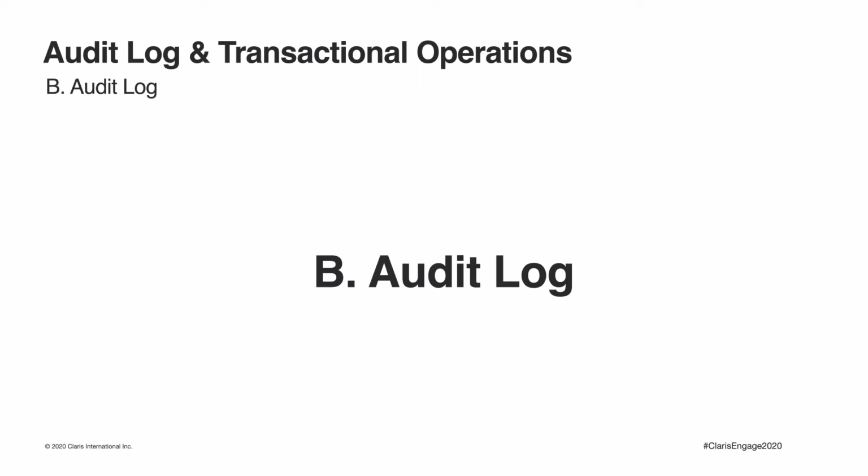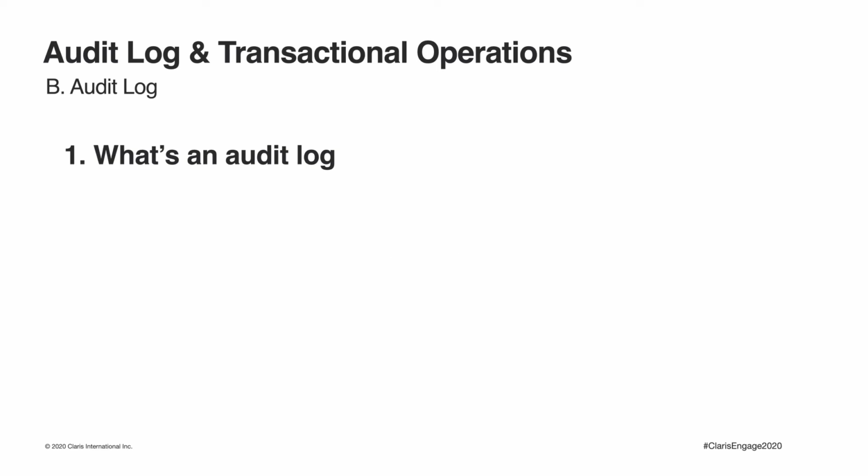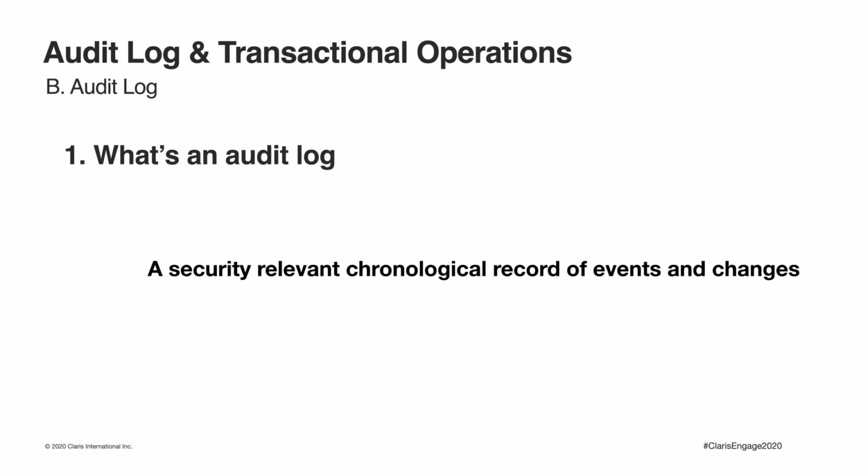In this chapter, we will explain what an audit log is and how it's being used. So what's an audit log? A security-relevant chronological record of events and changes.